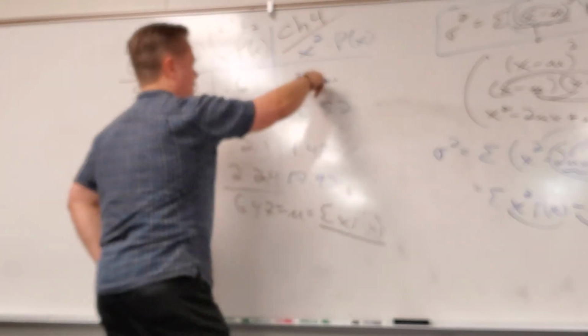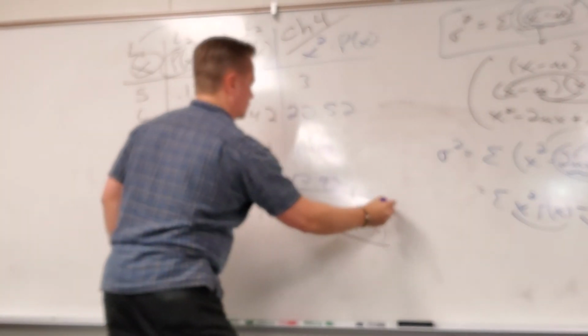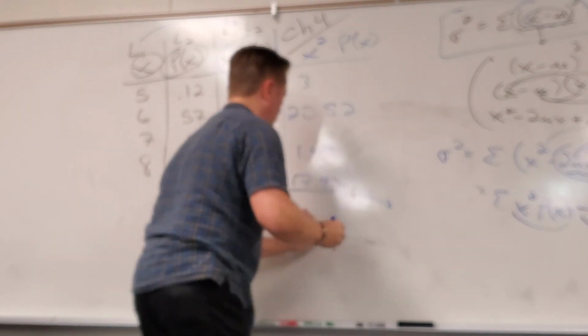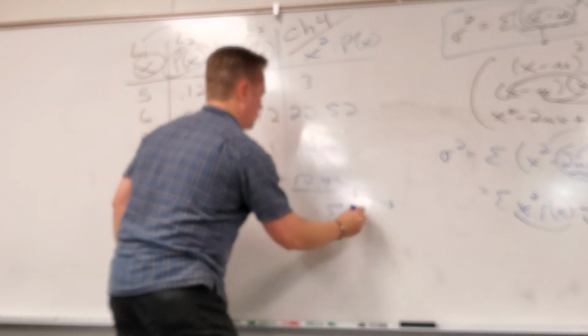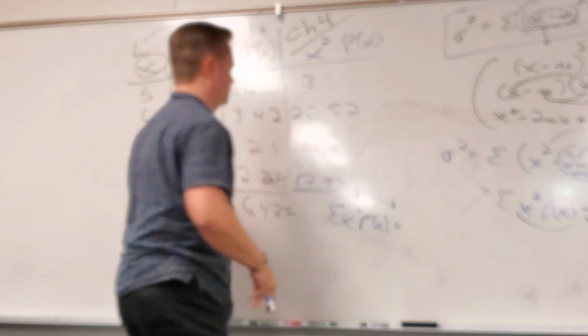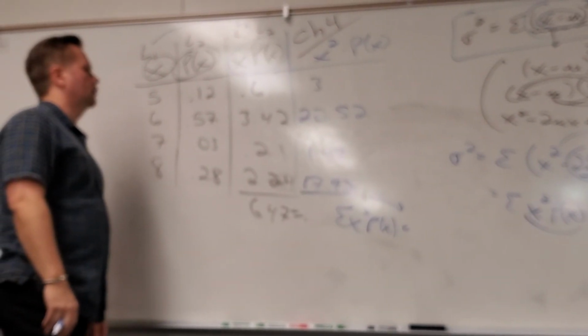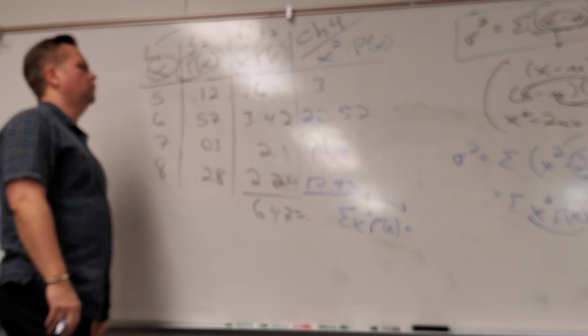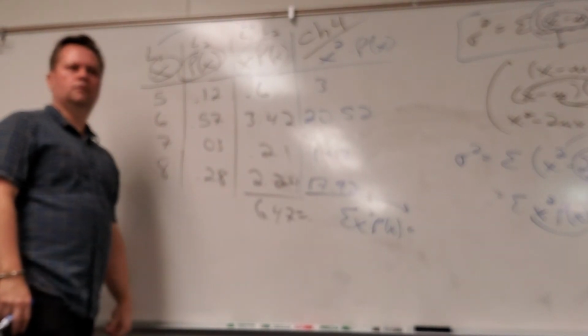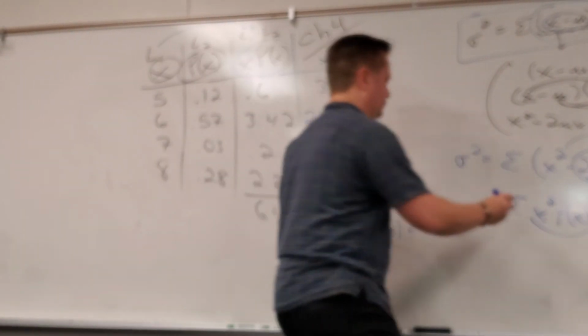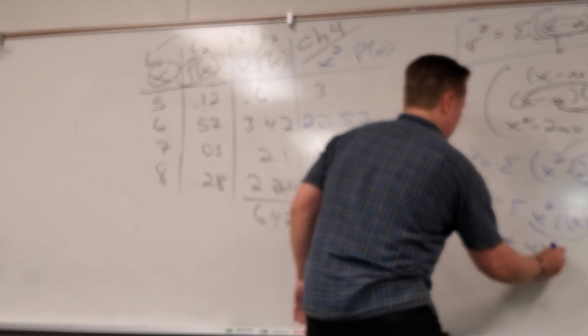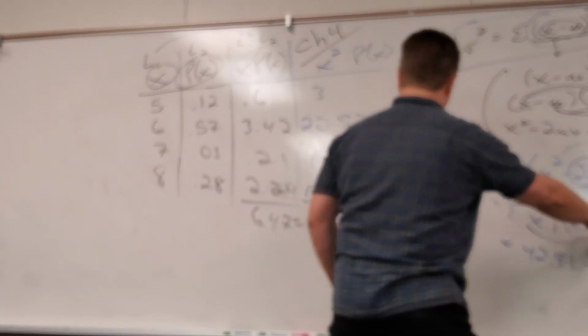So what do we get when we add all these up? Let me take this away. 41.91? 42.91. All right, I'll quit. And then minus the mean.